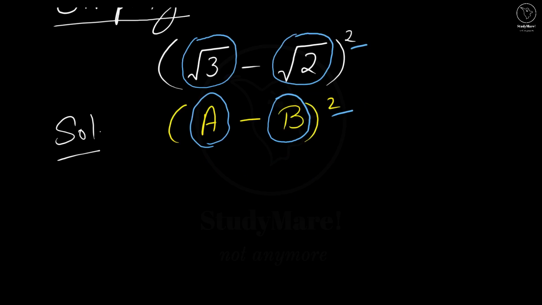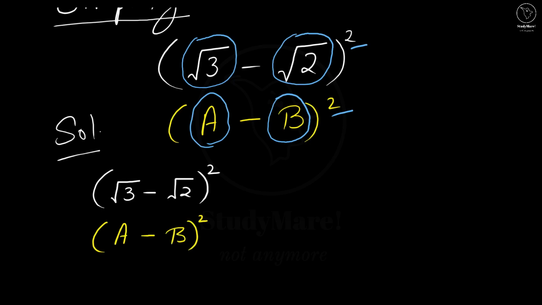Now in the next step, let's write the question, which is root 3 minus root 2 whole square. And what is the identity? Just write it here. a minus b whole square. Yes, I know we have already written the identity, but we have not written its expanded form.